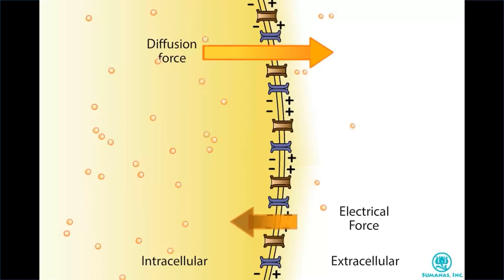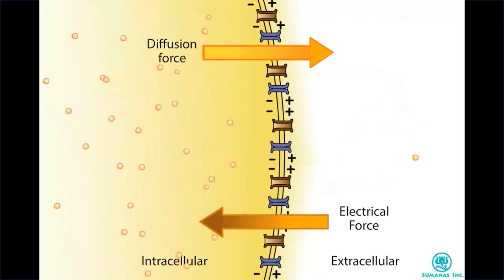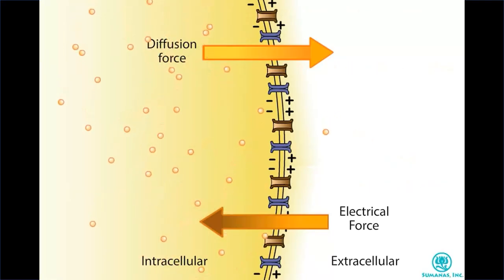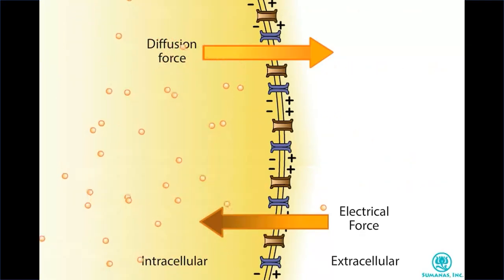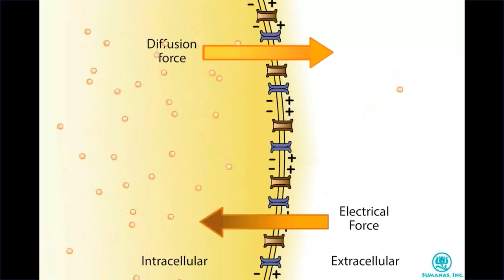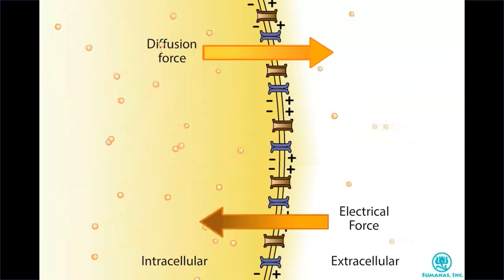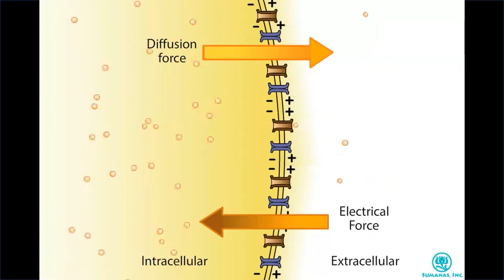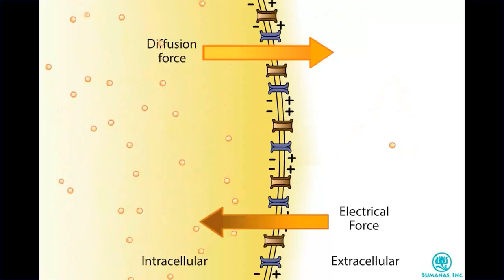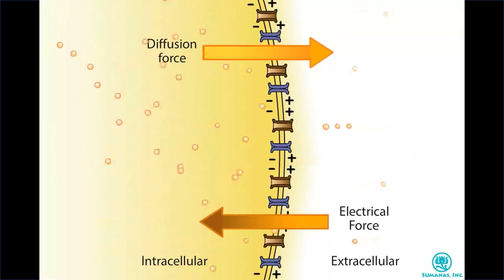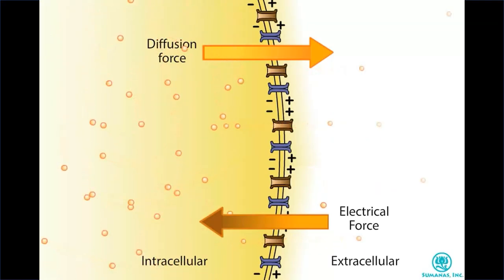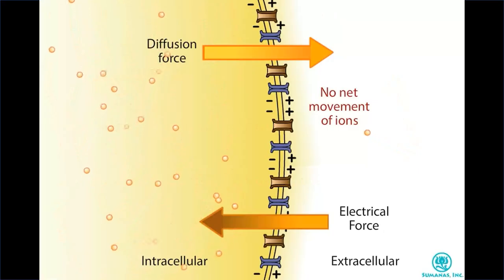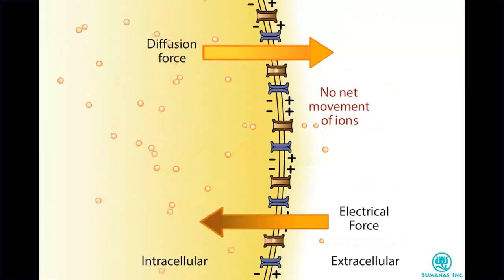An electrical force produced by attraction of the positively charged potassium ions toward the negative cell interior generates an electrical gradient that pulls potassium back into the interior of the cell. The diffusion and electrical forces eventually come into balance, and an electrical potential is achieved at which the electrical gradient is exactly balanced by the diffusion gradient. This potential is the equilibrium potential for potassium. At this electrochemical equilibrium, there is no net movement of potassium ions. On average, for each potassium ion that leaves the cell, another returns.